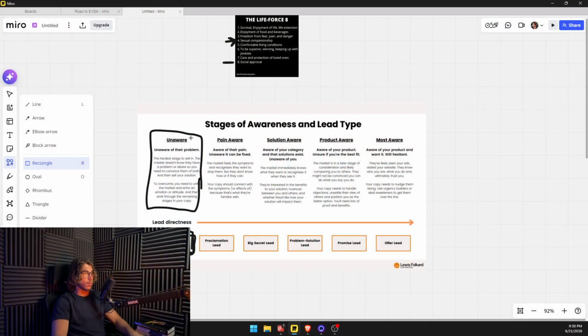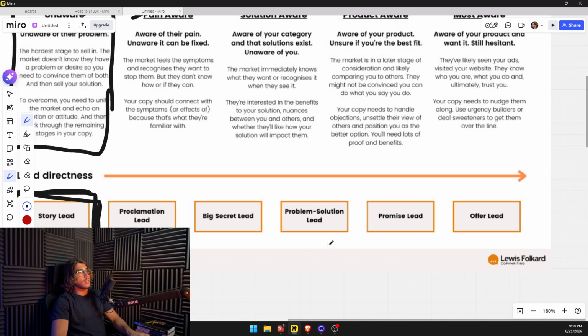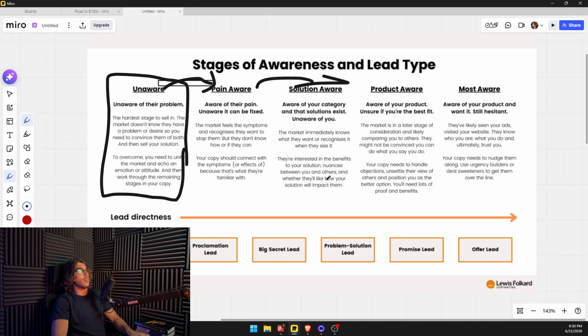You may hint at the desire they have, the core desire they have, but you're not directly speaking to it. It's super mass, broad appeal. Almost everyone who has the desire can relate to it, and then you just funnel down into the pain, the problem, et cetera. So yeah, these are the best leads to have.